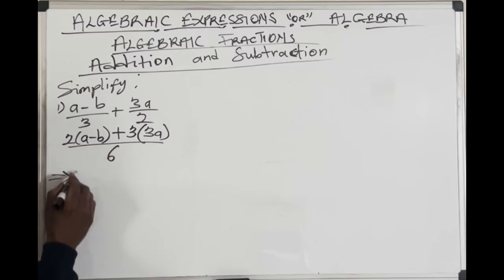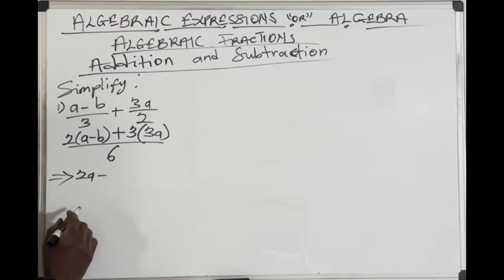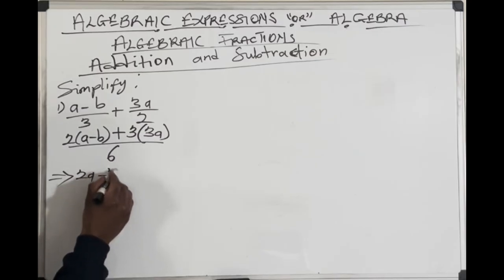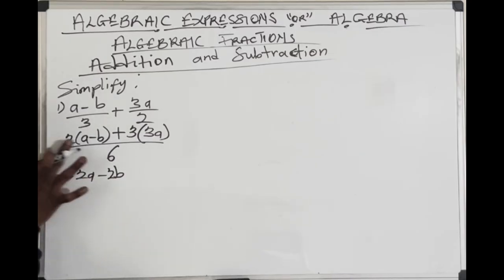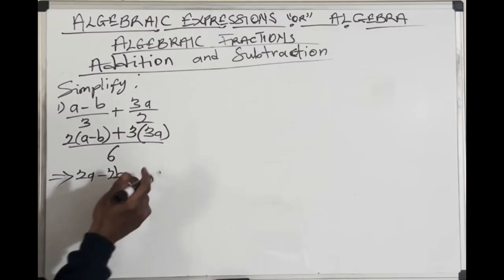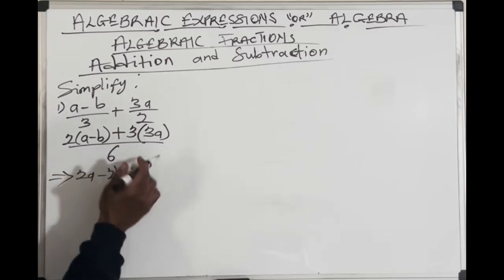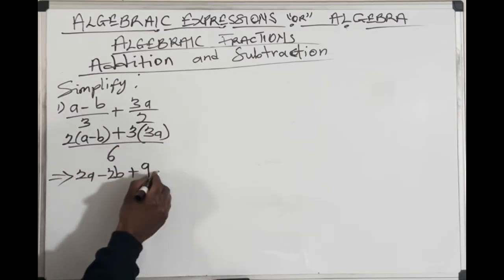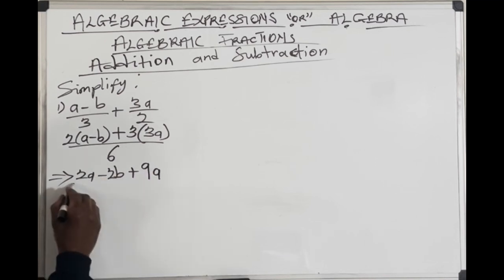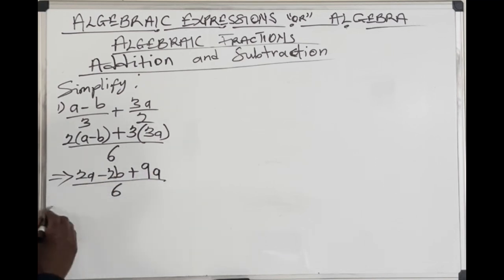So 2 times a is 2a, minus 2 times b is 2b, because positive times negative is negative. Plus 3 times 3a is 9a, all over 6. Now we group like terms.